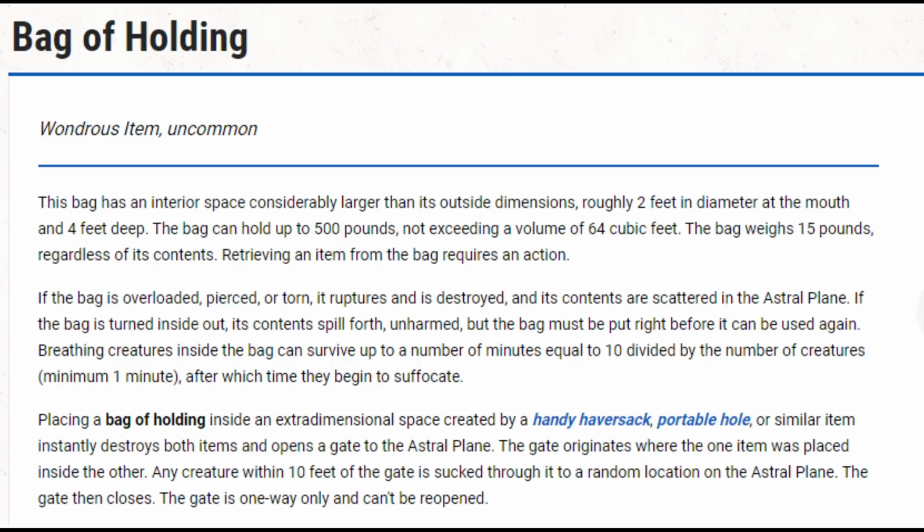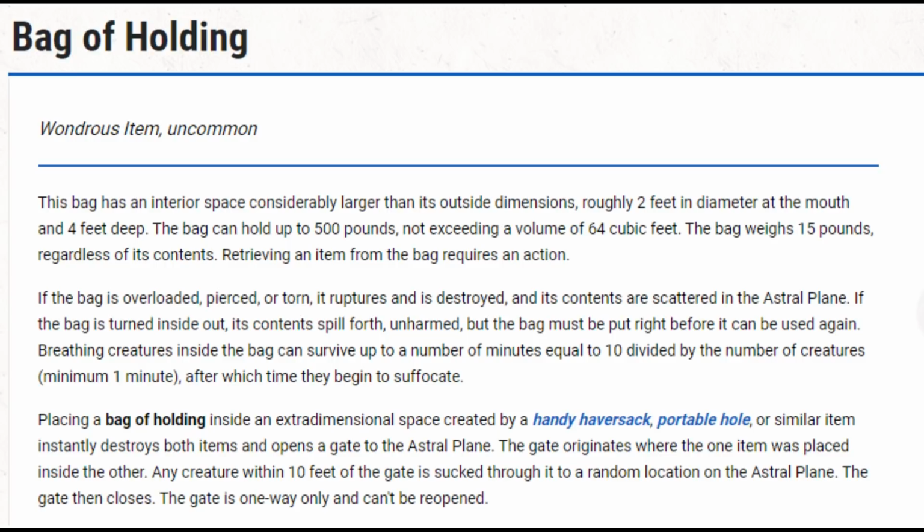Now, obviously, a bag of holding isn't a handy haversack. Obviously, a bag of holding isn't a portable hole. You could, however, claim that it is a similar item. But I will note that specifically, bag of holding isn't mentioned. But if you look at the rules for a handy haversack, bag of holding is mentioned. If you look at the rules for portable hole, bag of holding is mentioned. In all three cases, the same item is not mentioned.